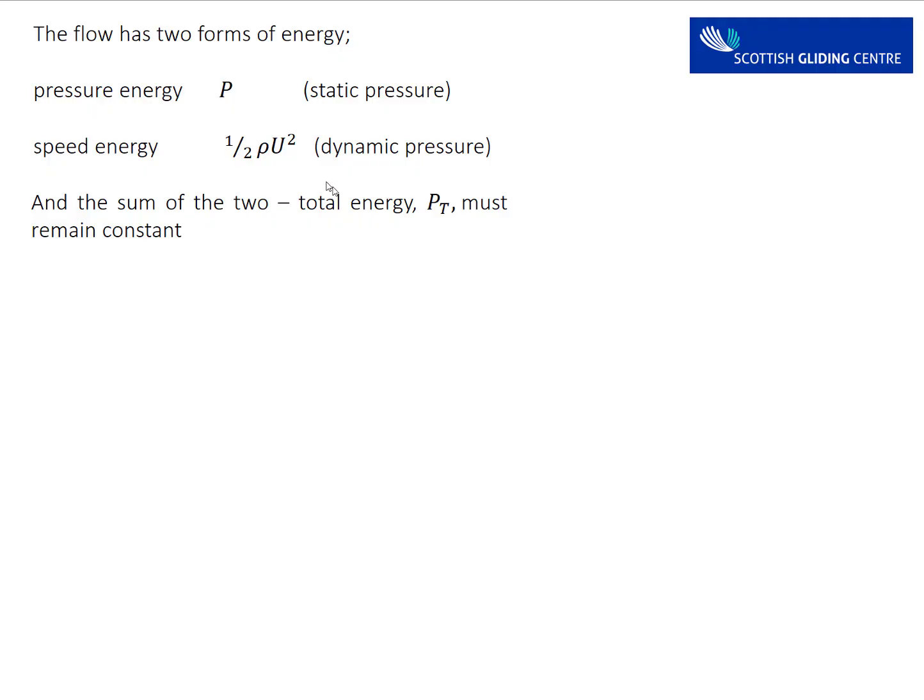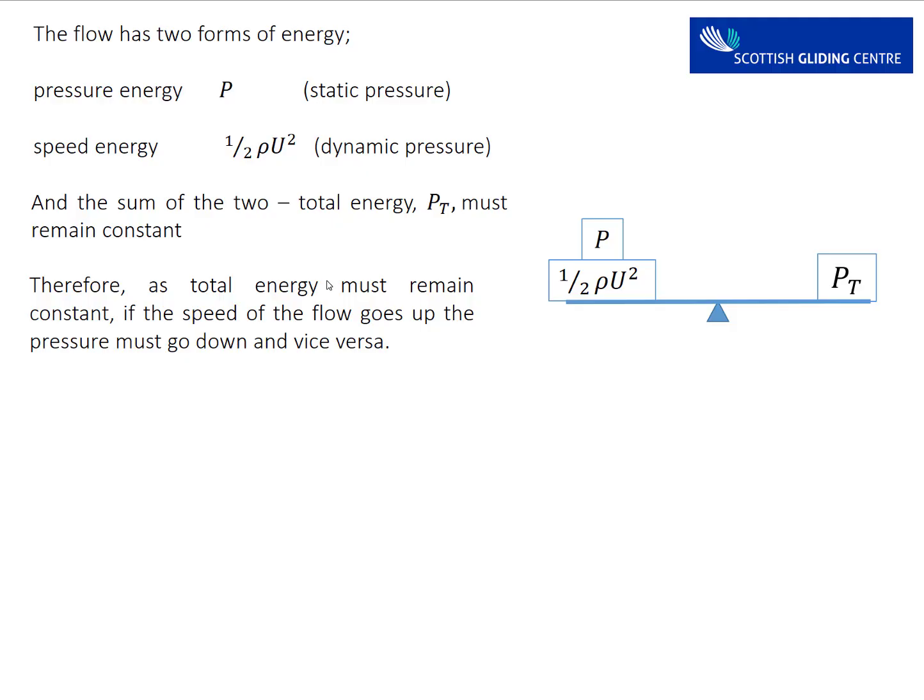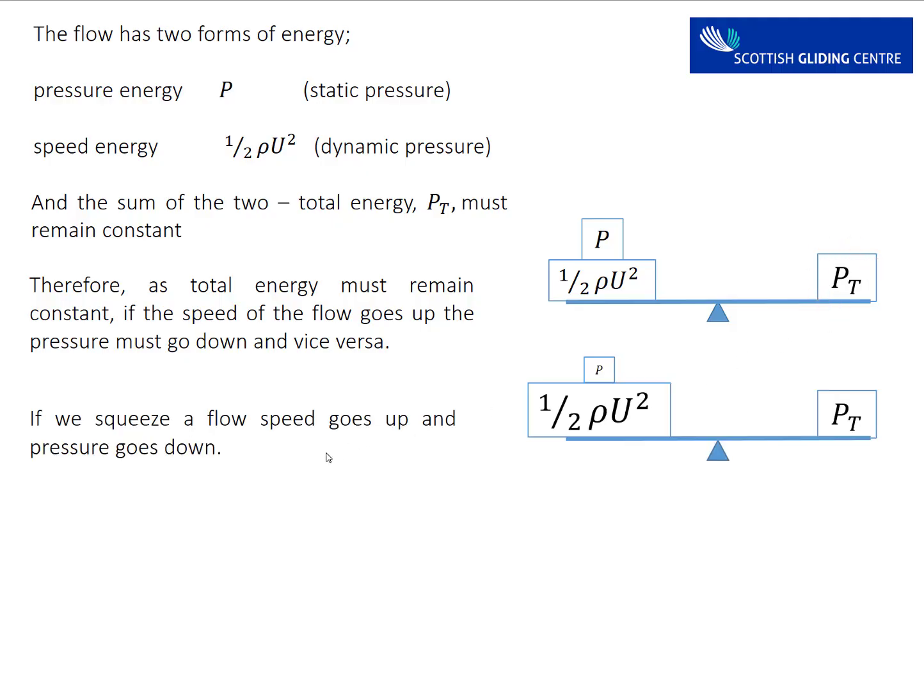And the sum of these two forms of energy is referred to as the total energy or total pressure, and that must remain constant. So in our flow we have a static pressure and a dynamic pressure, and the sum of those two must equal the total pressure. Now, if the flow speeds up, then the amount of energy in the speed of the flow, the dynamic pressure, increases, and therefore to maintain this balance, the static pressure in the flow must decrease.